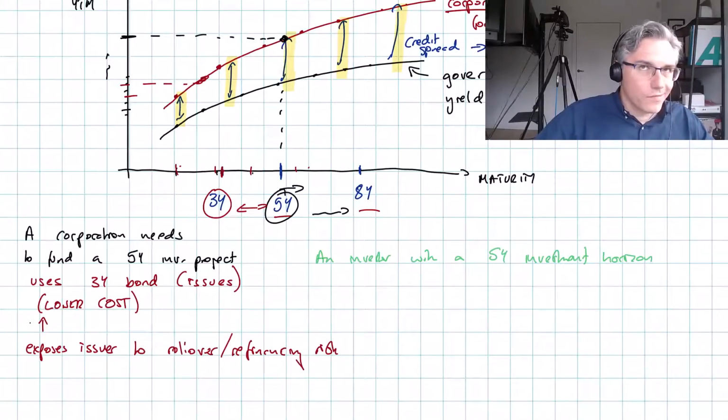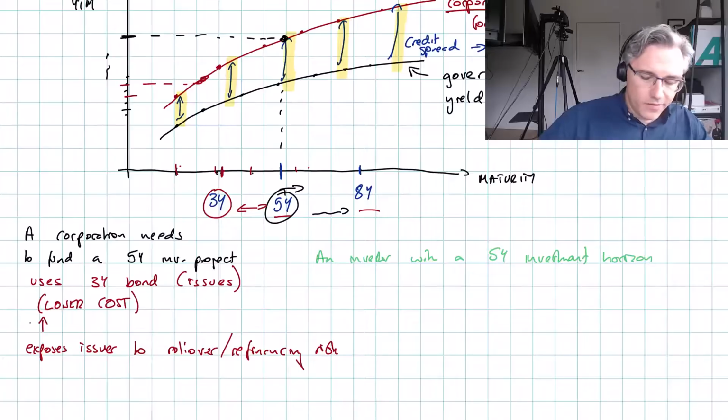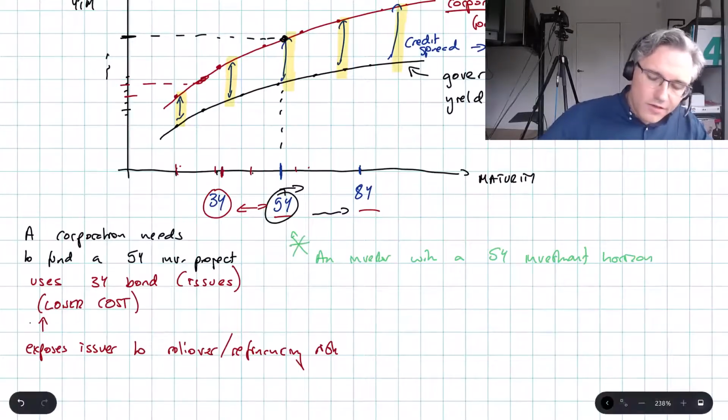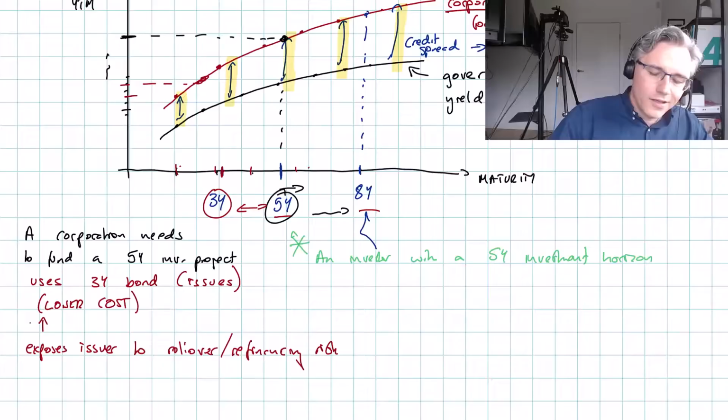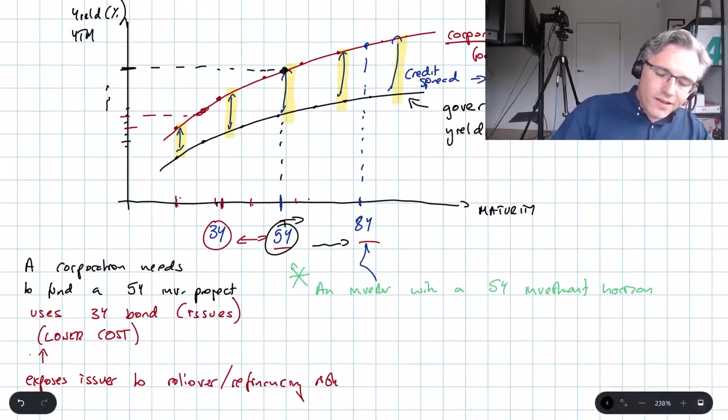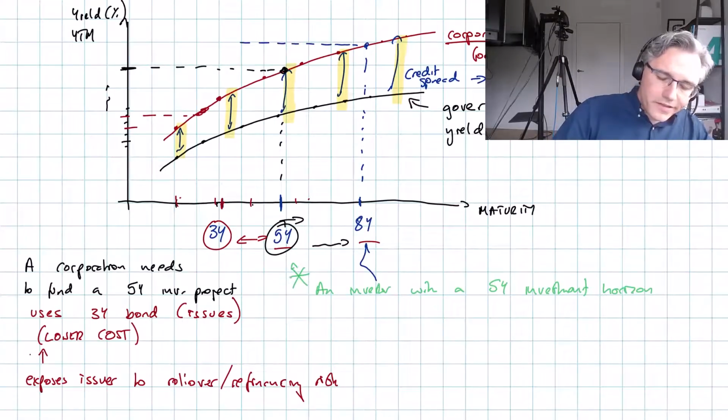So you can invest in 5-year bonds. That would be the natural thing. But instead of going for this, you may, as an investor, go for the 8-year option because it provides a higher rate of return, a higher yield naturally.